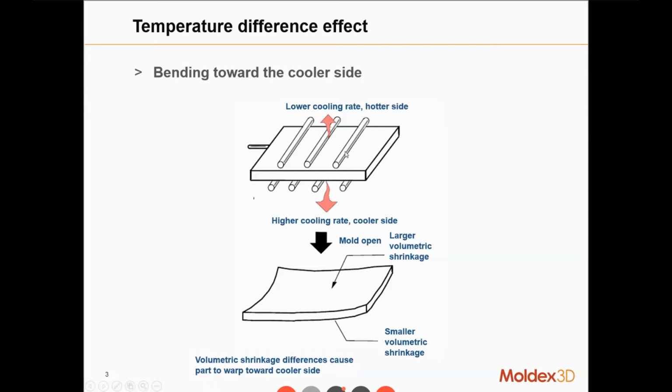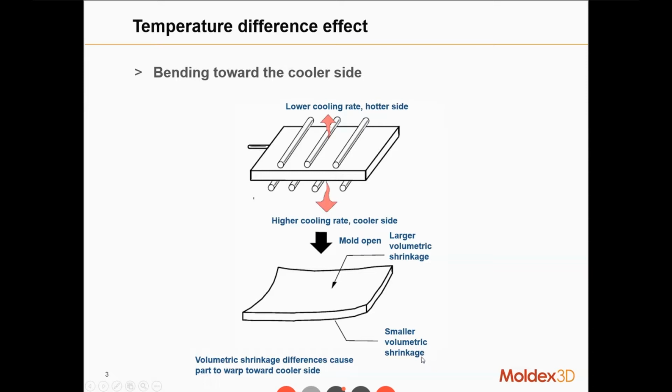So the upper side we'll call the hotter side, and the bottom side will be cooler than the upper. In the upper side, because there is a heat accumulation phenomenon, it will have a large volumetric shrinkage.